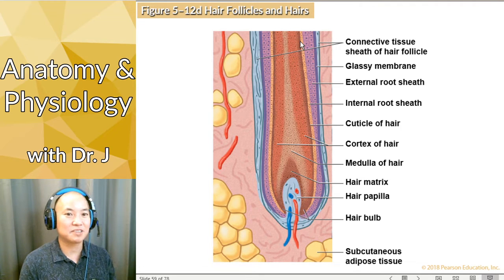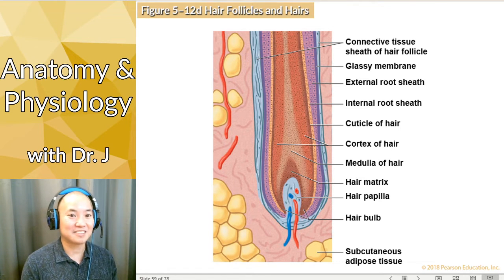Just like the stratum corneum of your epidermis, the cells get flatter. Same with the cells that are pushed up along your hair shaft. As they get further from the hair matrix, they flatten out and accumulate that protein we call keratin. So this is why your hair is made out of that keratin category, a water resistant, hydrophobic protein.